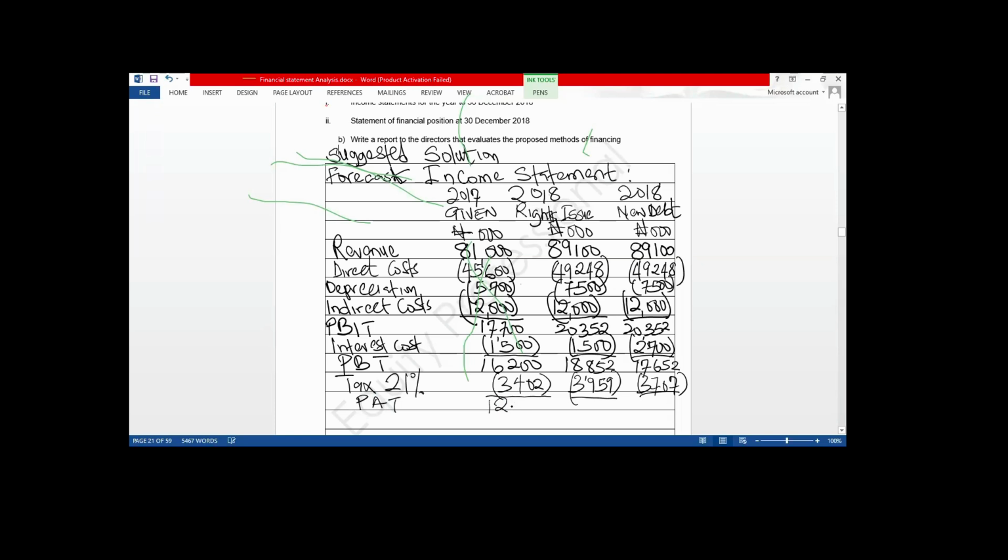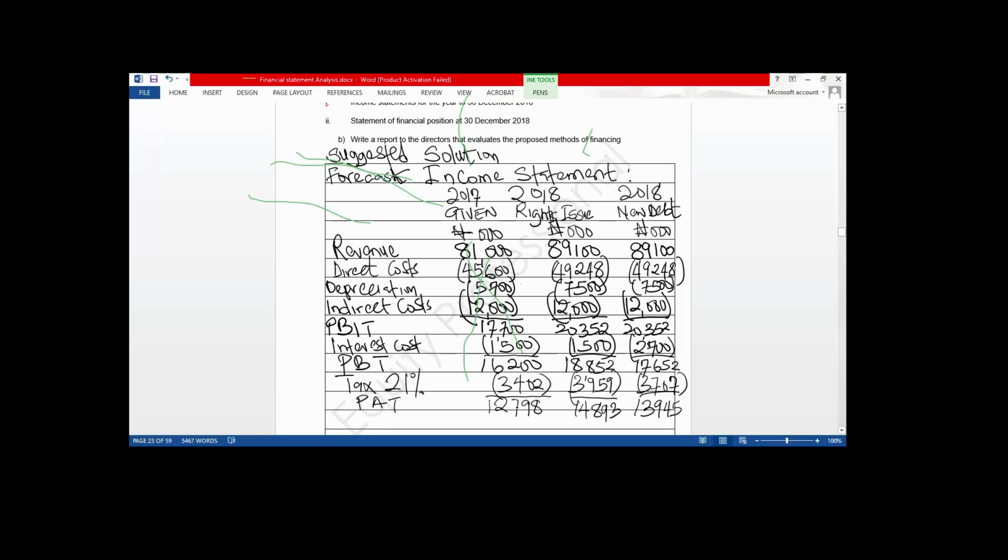For 2018, the last column. 14,893. Next, 12,000. 12,798.